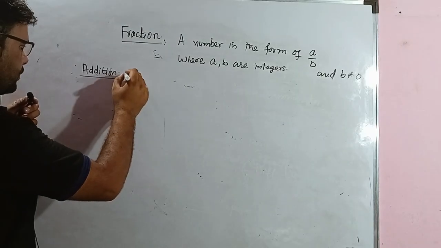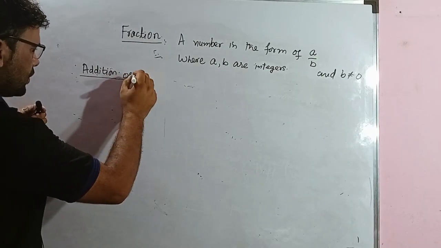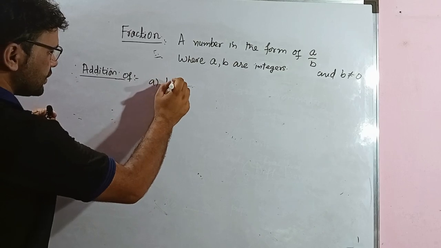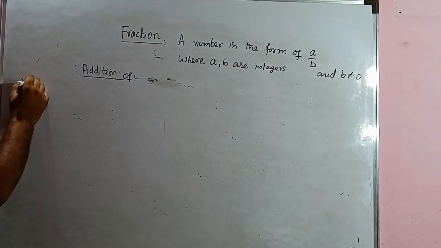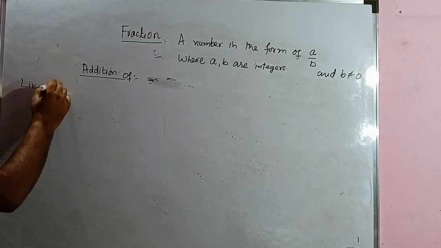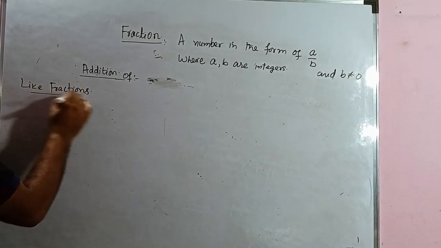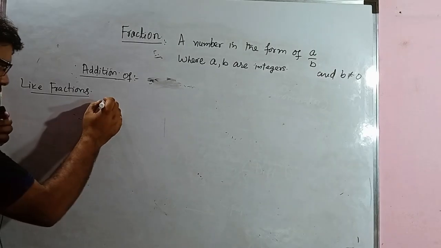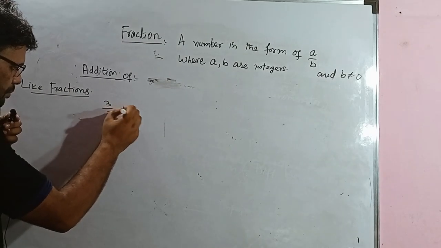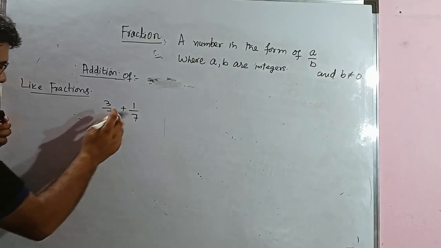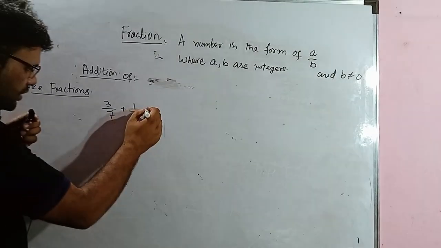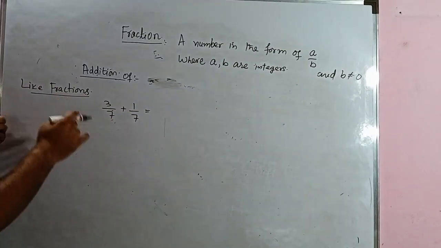Now the addition of like fractions. How to do the addition of like fractions? If I have 3 divided by 7 plus 1 divided by 7, these are like fractions. It's very easy. What is the rule to add the fractions?